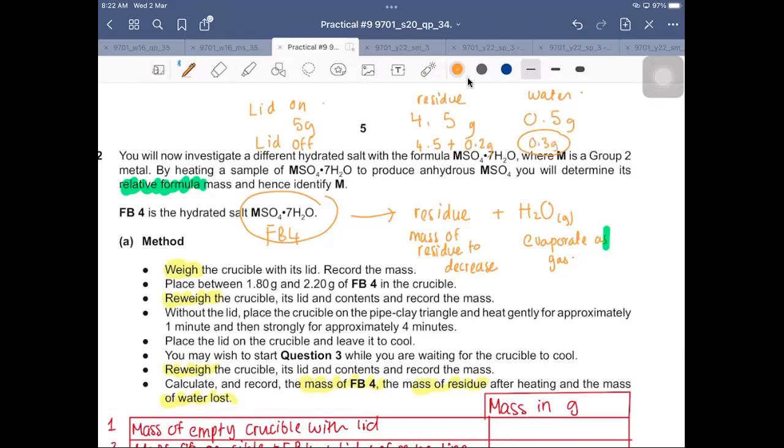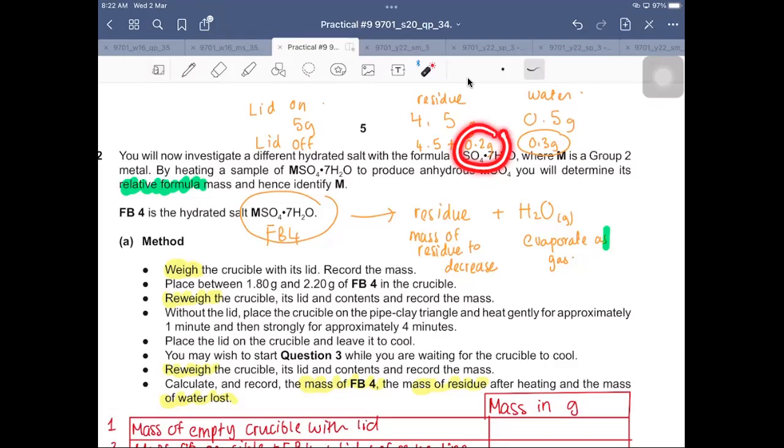Okay, so the mass of water loss is now less. Actually, it's not less, but it appears less because of this 0.2 grams of water vapor coming in contact with the residue. So now the residue appears heavier.